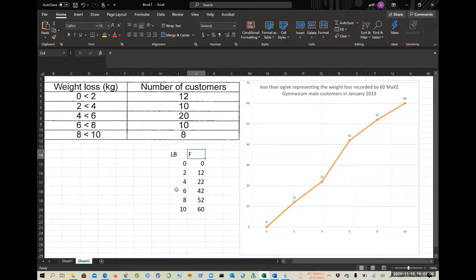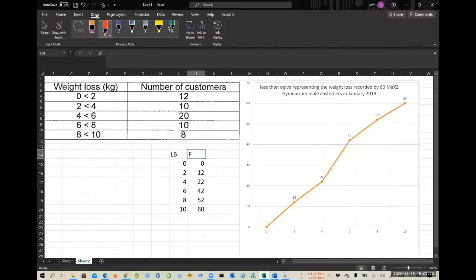So with this value, you come out with your ogive. So this will be your ogive. So starting with 0, the bottom part will be the lower class boundary. So this one will be the weight loss. So this is the weight.